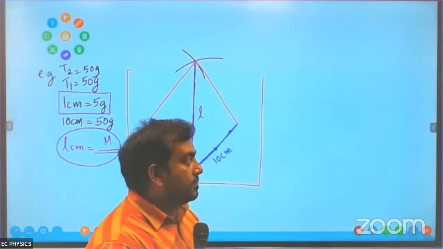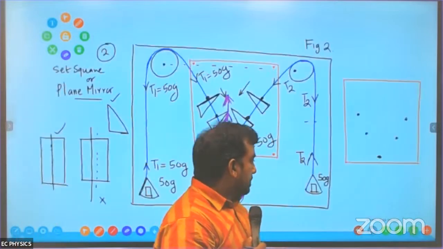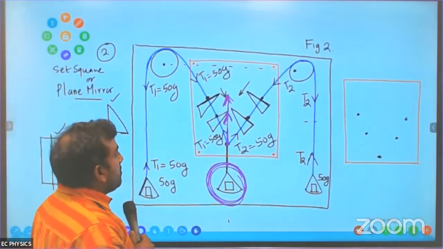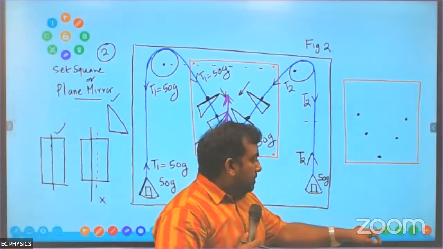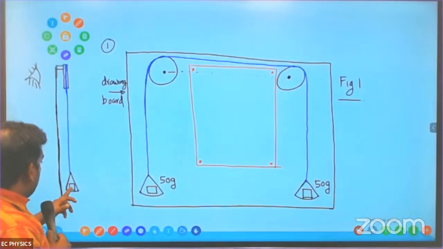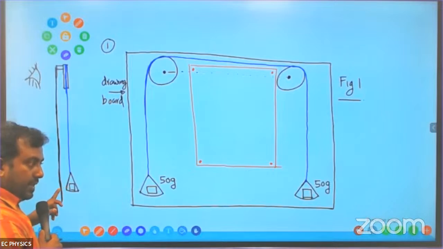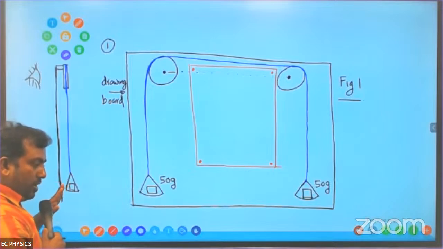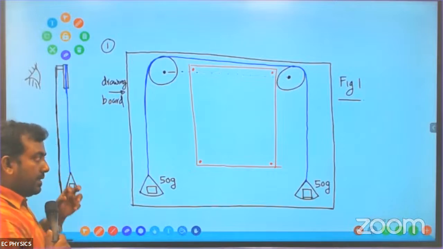Next one. Sometimes if you drew the side view, the weights might be touching the board as it moves. If the weight or the string is touching the board, there is some additional friction.